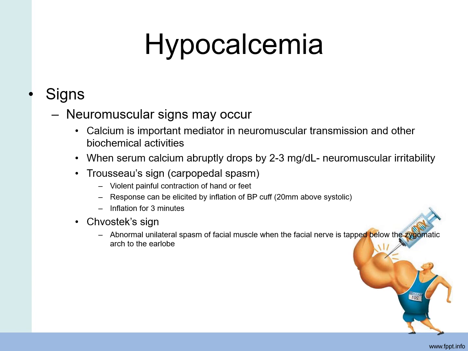And Chvostek's sign is abnormal unilateral spasm of the facial muscle when the facial nerve is tapped just below the zygomatic arch to the earlobe. So I think of the zygomatic arch near the temple area and the cheekbone, lying right in there. If you look on YouTube, I'm sure you will find a great video of it, but this is something very simple to do in the office in our patients who have low calcium levels.